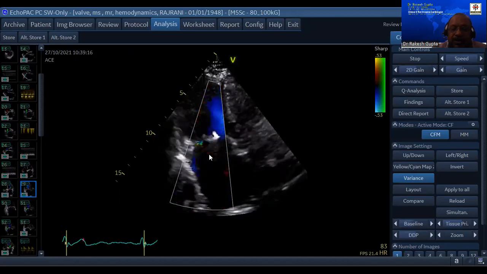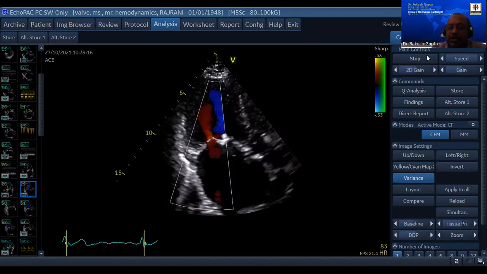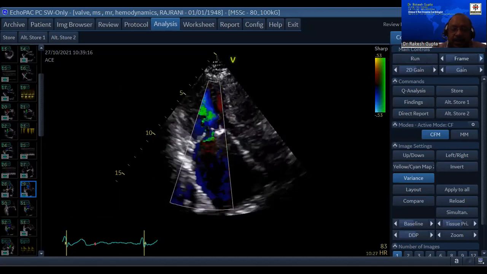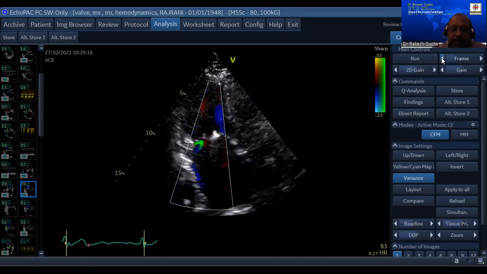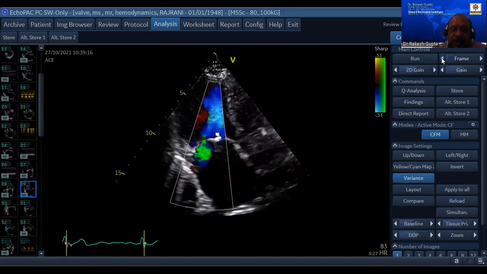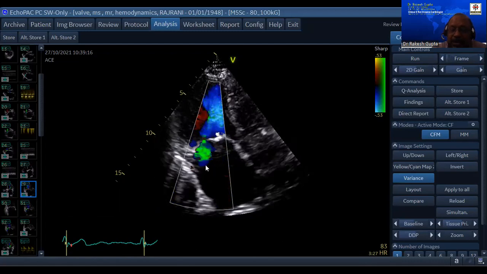Now this patient, this is a 3-chamber view. Now in 3-chamber view, let's see that the jet is eccentric. Can you see this jet now? Same patient? Yes, sir. This is the jet over here. And this jet is not up to this point. Now look carefully, go back.